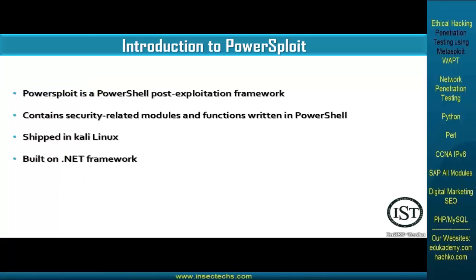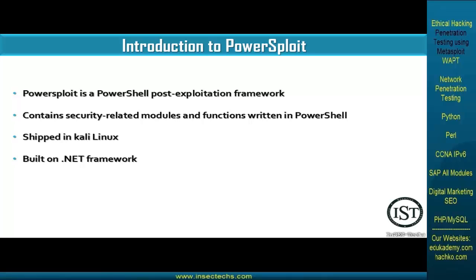Introduction to PowerSploit. PowerSploit is a post-exploitation framework which allows the attacker to run scripts written in PowerShell. PowerShell contains different types of security related modules and functions which can be run by using the PowerShell program.